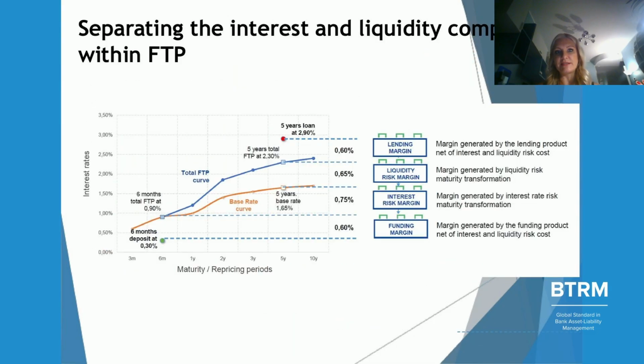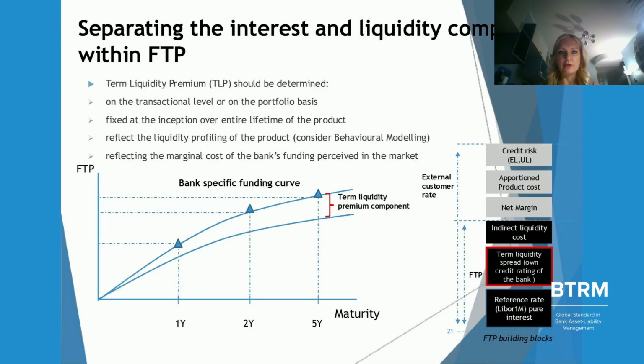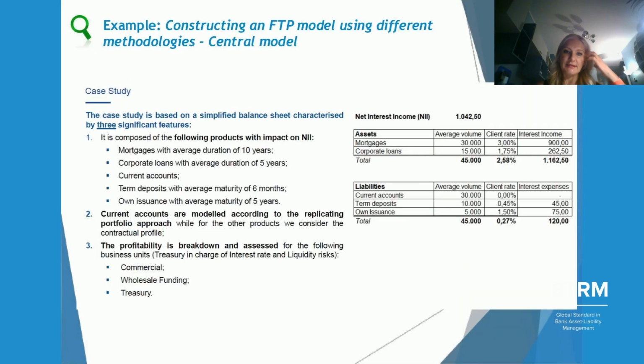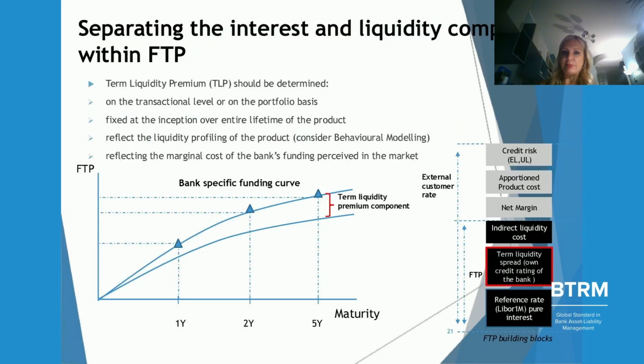So this is exactly what I meant. I think, okay, let's stay here. So you see this FTP shape. Imagine that the 5-year product is the one which you want to disincentivize, because it's driving you the negative margin.